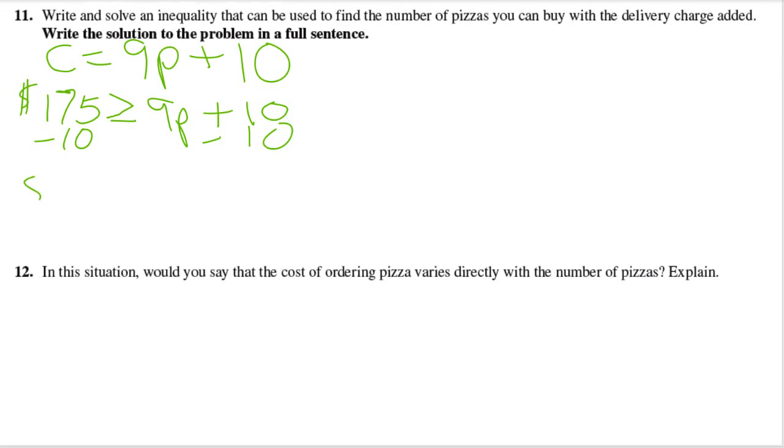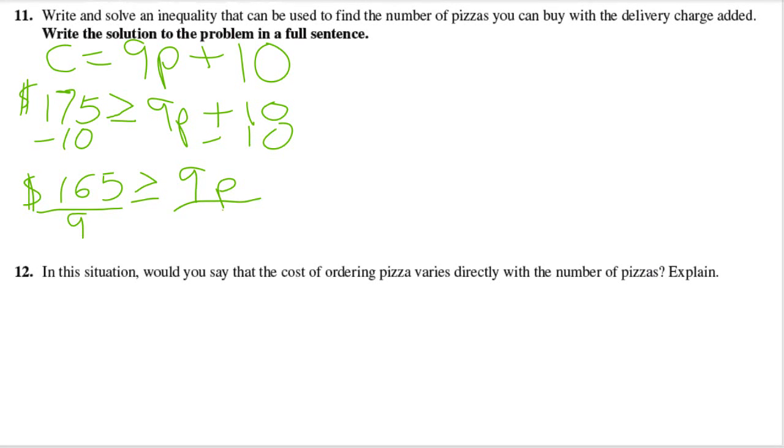we now know the pizzas have to cost less than 165. If you were just thinking this problem through, you'd say, well, if I've got a $10 delivery charge, I've got $165 to spend on pizzas. So my cost of pizzas has to be less than 165. And if you're just thinking the problem through now, you're going to say, well, I'm going to take my 165 divided by 9.